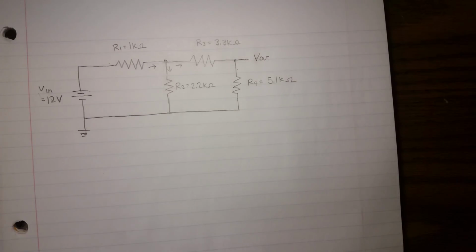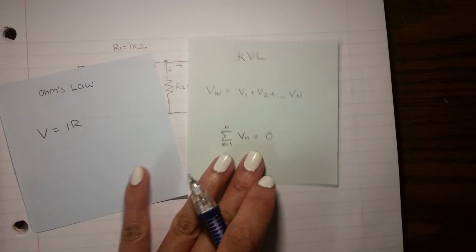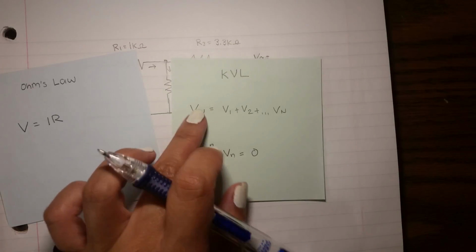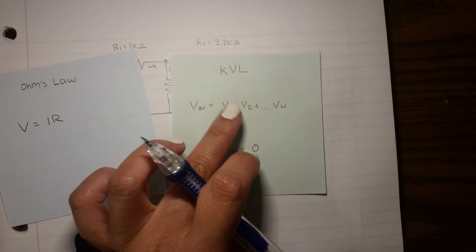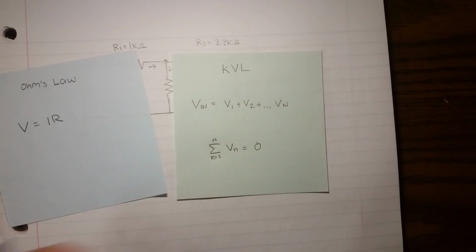There we go. Okay. So again, we are going to use Ohm's law, and I rewrote KVL so that it makes sense, because sometimes when you see this, it's like, what is that? V in is equivalent to the sum of the voltage drops across the resistors in the loop.